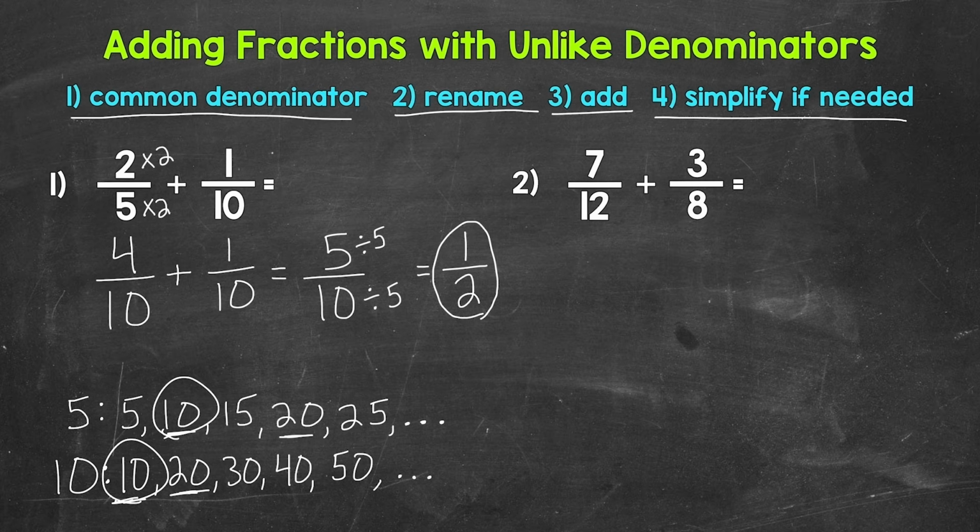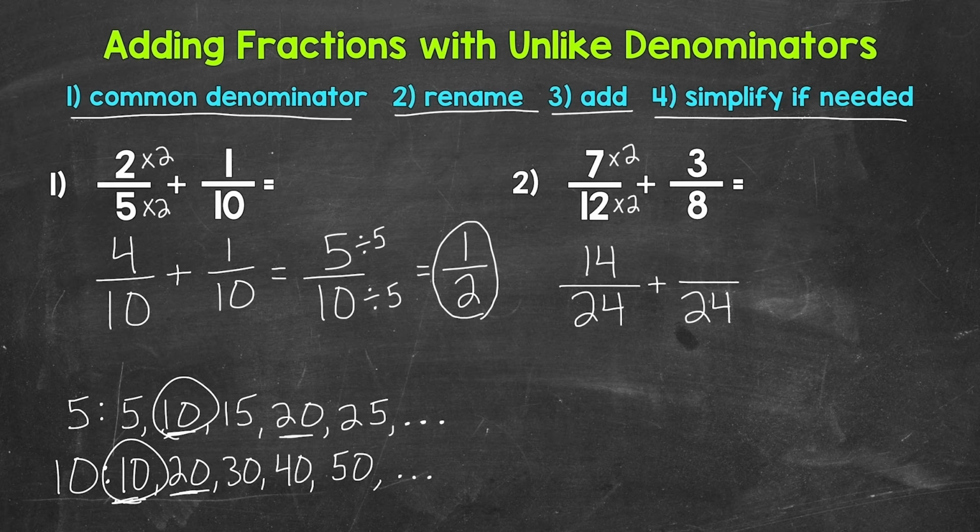We'll start with 7/12. So how do we get 12 to equal 24? 12 times 2 gives us 24. Whatever we do to the denominator, we must do to the numerator in order to keep this equivalent. 7 times 2 gives us a numerator of 14. So we get 14/24 plus, and now let's rename 3/8.